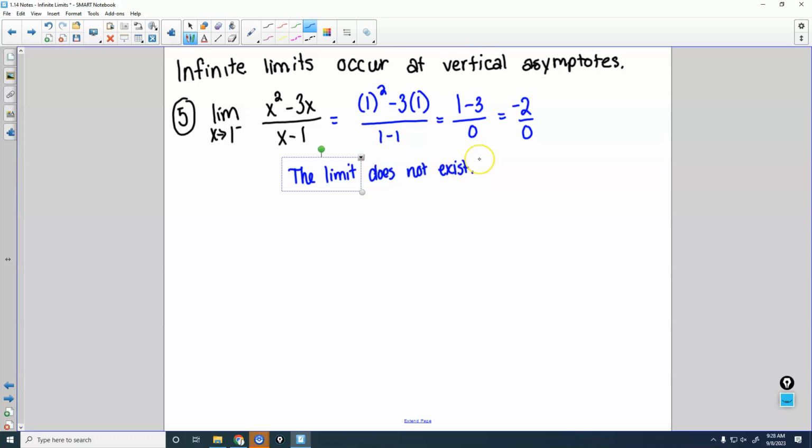However, let's pretend that this is a multiple choice question, and we look at our answer choices, and there is no option for the limit does not exist. But we do see a positive infinity and a negative infinity, right? If does not exist was an option, you could put that down. That would be correct. Infinite limits do not exist, right? Your speed limit cannot be infinity.